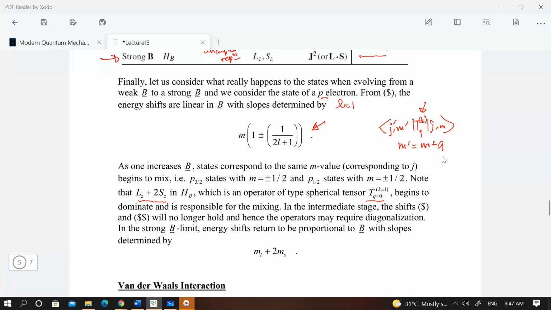So what is going to happen in this particular case is that there is a tendency to mix up different M's.